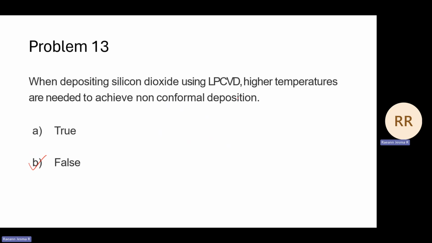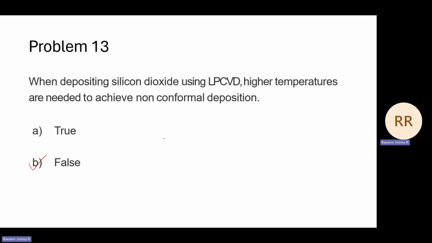The reason is that for conformality, if you want conformal deposition in any deposition process, the reaction should happen somewhat uniformly in all the regions, right?